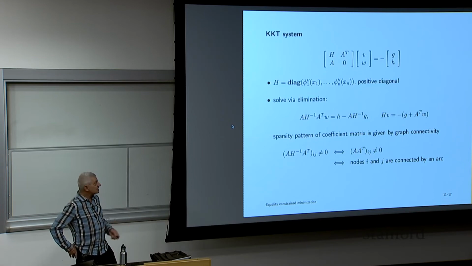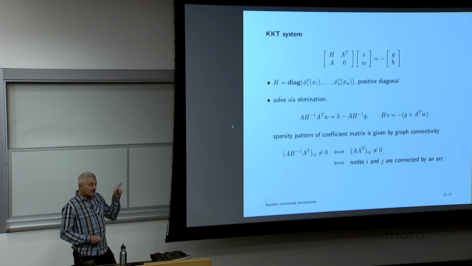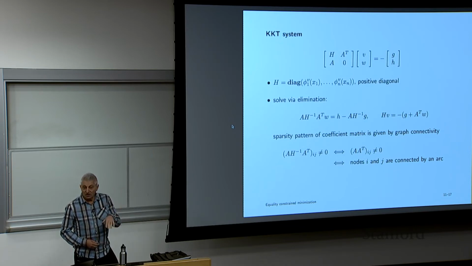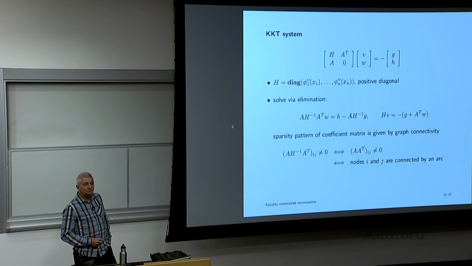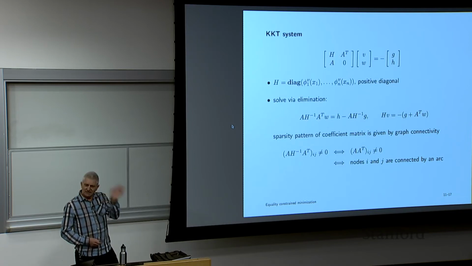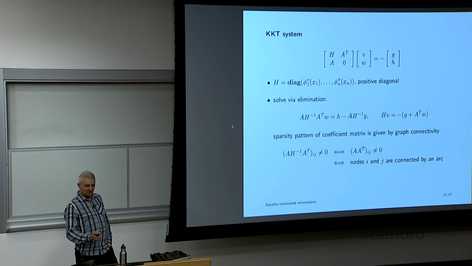Laplacian means the diagonals are positive, the off-diagonals are non-positive, and the sum of each row is 0. That's if we don't do the reduced one, but it's fine too if we do. Everybody got that?